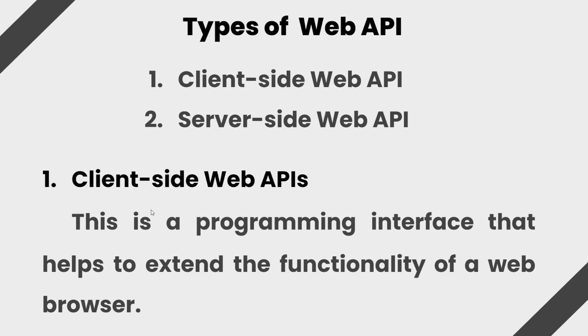Now we have the client side web APIs, and these APIs are programming interfaces that help us to extend the functionality of a web browser. So it's actually safe to say that the client side web APIs are connected to the APIs on your browser.